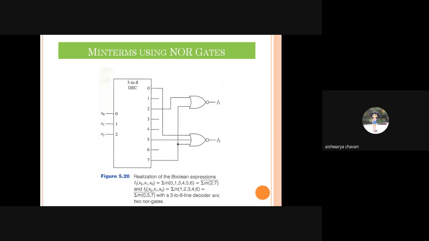These are the present minterms. So what are the absent minterms in that? 2 and 7. So when we want to implement by using the NOR gate, the absent minterms are what you have to connect to this NOR gate to obtain the function f1, right?